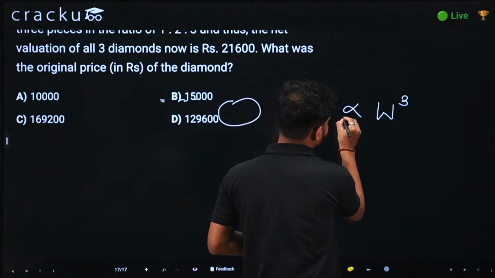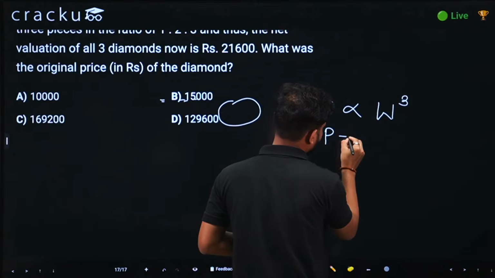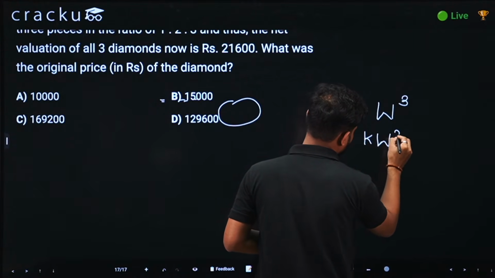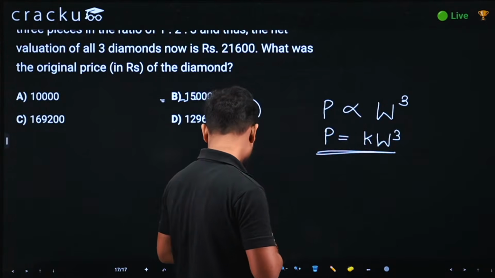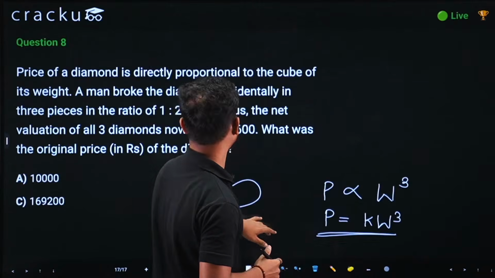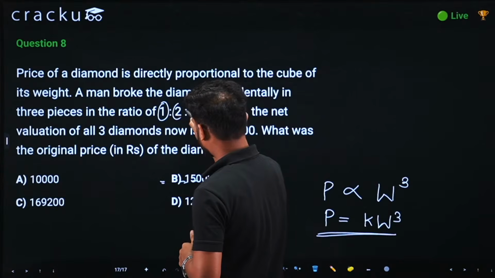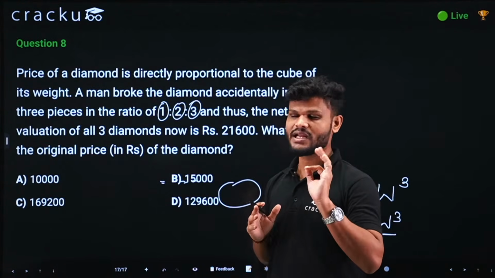So to remove this directly proportional sign, what you do? You put a constant k there. So let us say k into weight cube. So price of that diamond is nothing but some constant k into weight cube. Now the diamond is broken into 3 pieces.